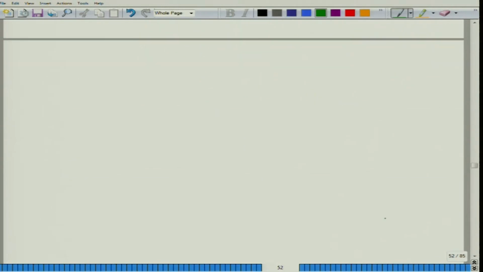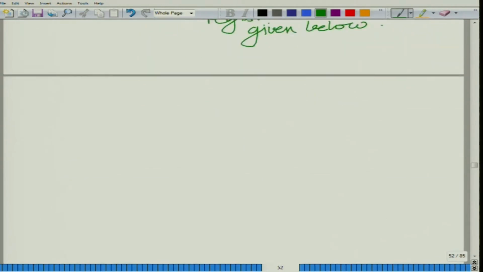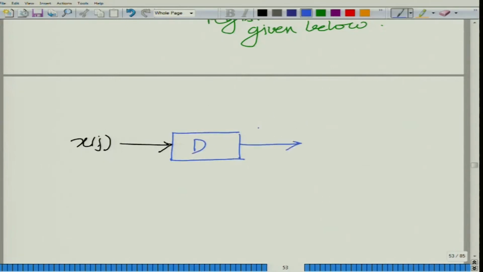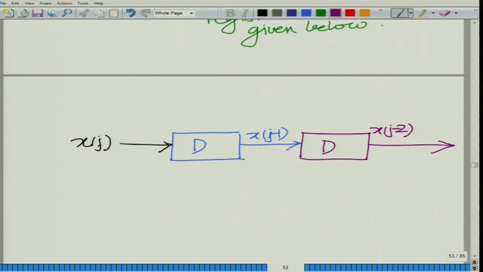So remember, we have x of j, that is x of d. So we have x of j, it goes through a delay that gives rise to x of j minus 1. X of j minus 1 goes through another delay that gives rise to x of j minus 2.